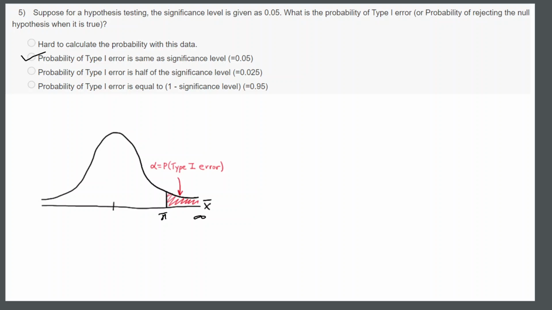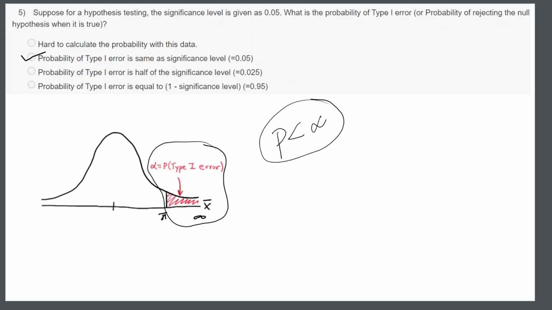So we can see in a one-tailed test the significance level is like 0.01 or 0.05. If the calculated value falls within the significance level, then we are failing to reject the null hypothesis.